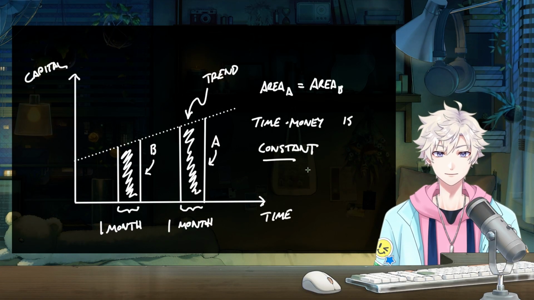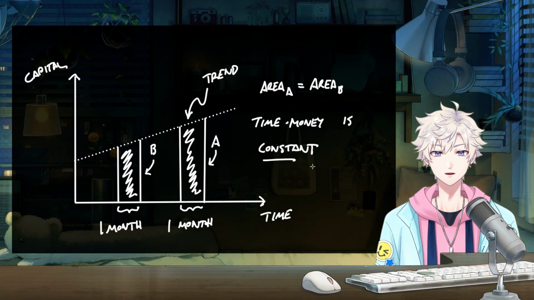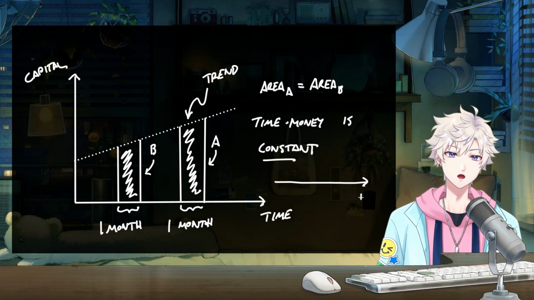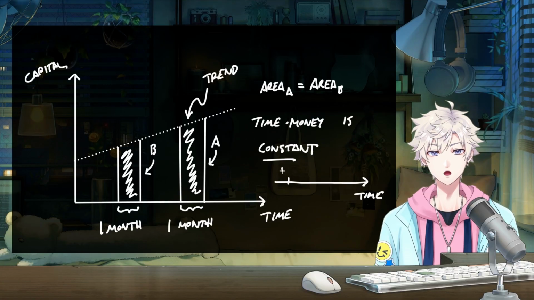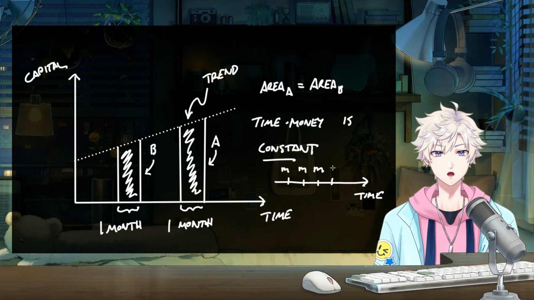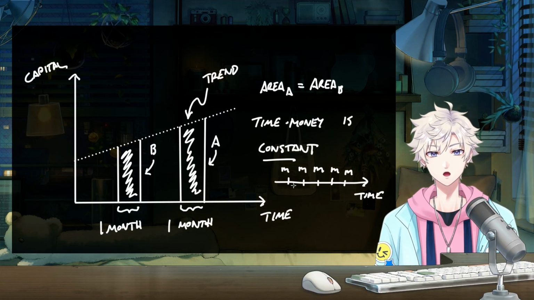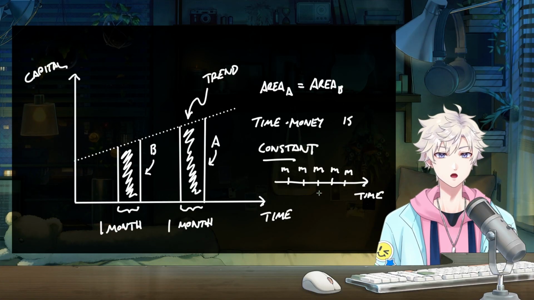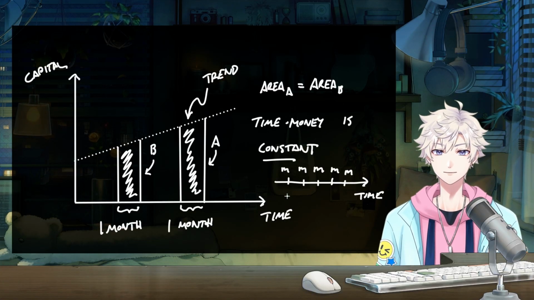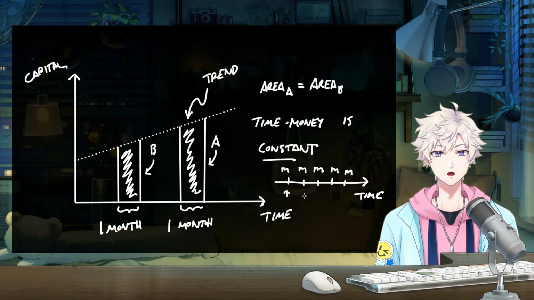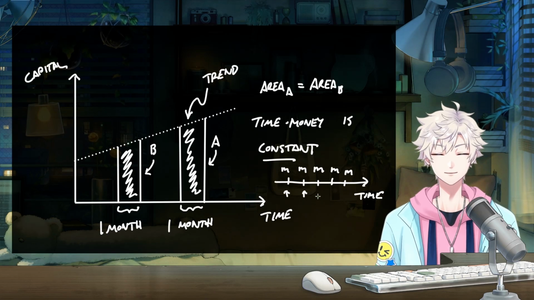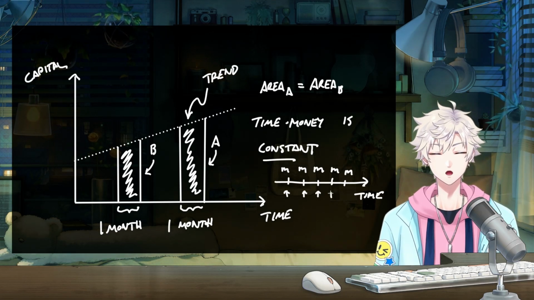So one way to visualize it is you can make an arrow, and every little step of time, there's a little piece of money. We can call it M. Every little bit of moment, they accumulate an M. They accumulate a bit of money.